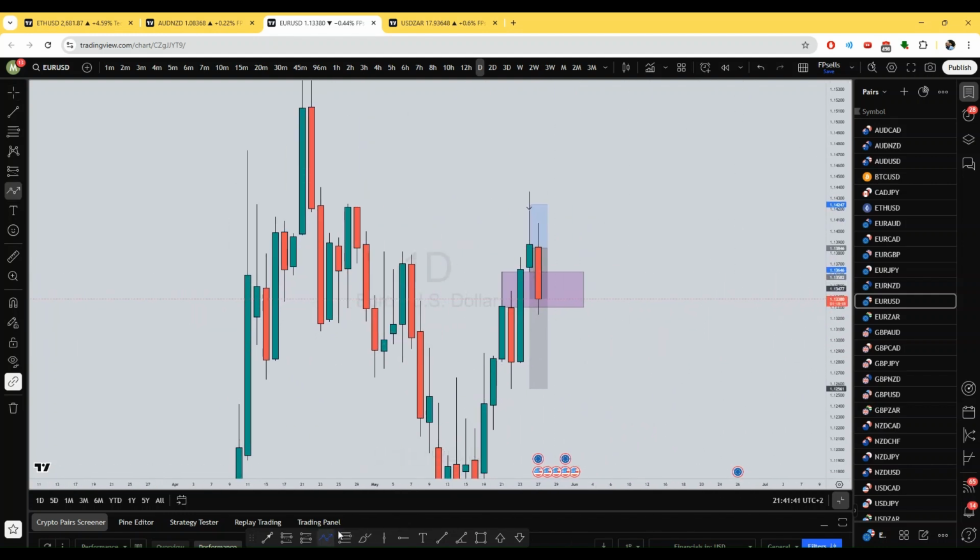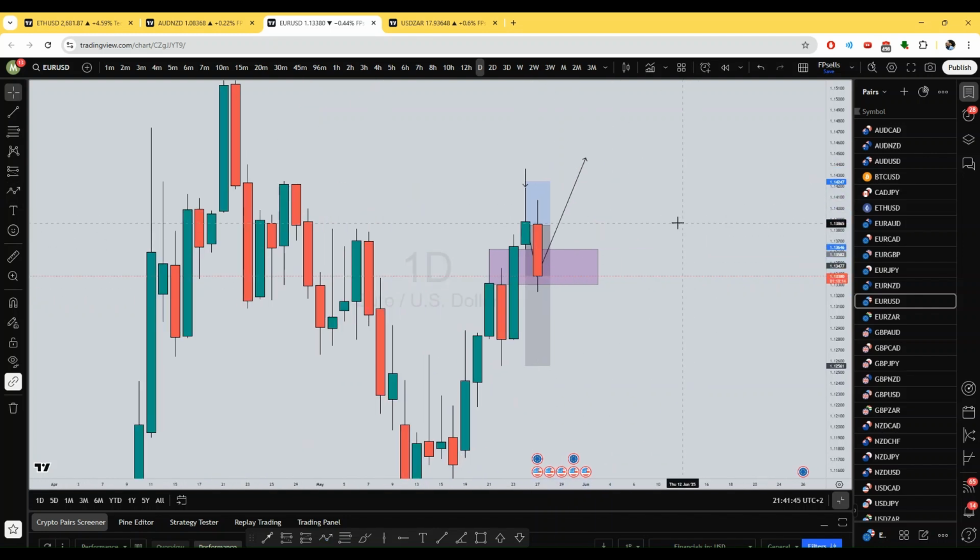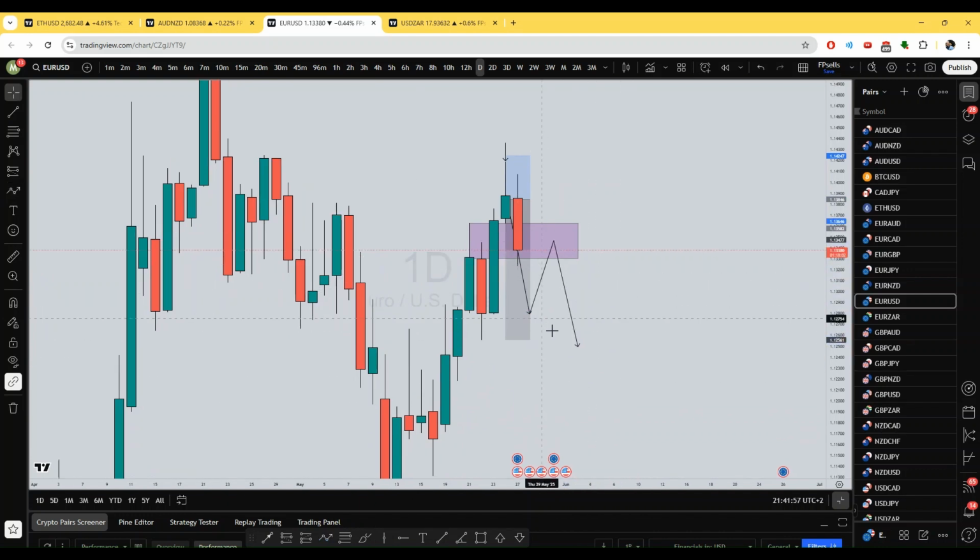So there's a high possibility that we can get something like that, and then a continuation higher. Otherwise, we get something down here, like was the situation on the USD trade, then something like that, then a continuation lower.